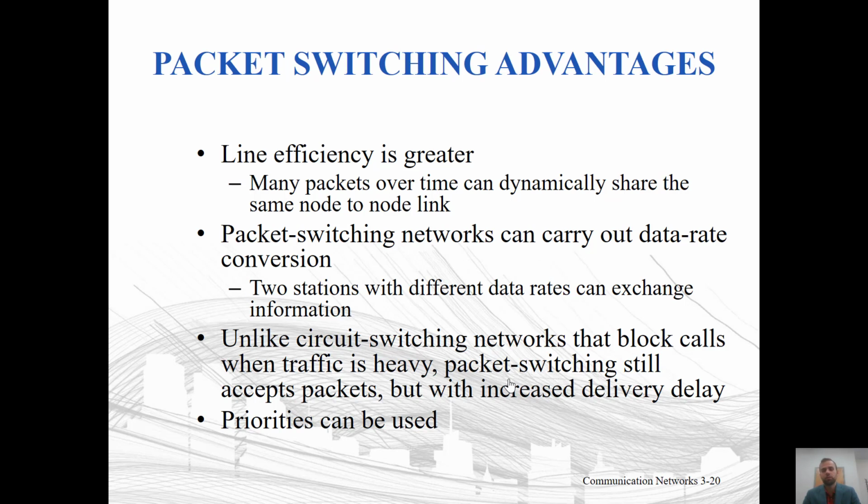Priority can also be used, so you can assign priority for certain packets to be more important than others. A great example of this would be a 911 call. Those packets are tagged to have priority over just a regular call being made.